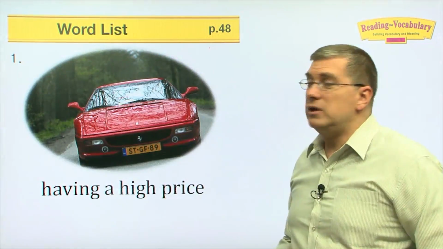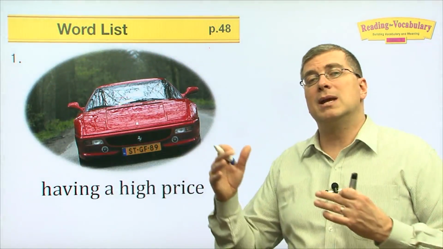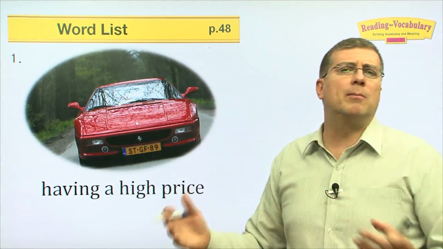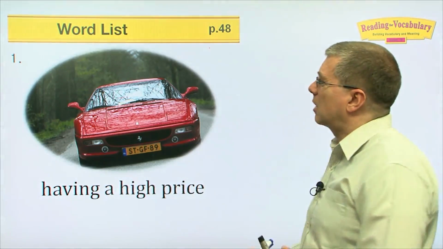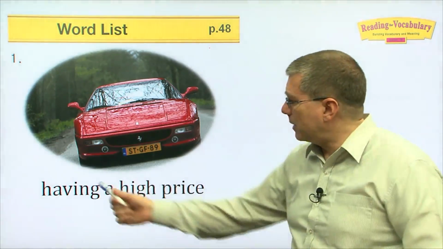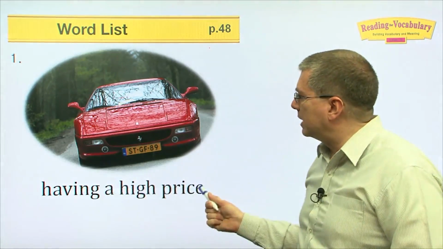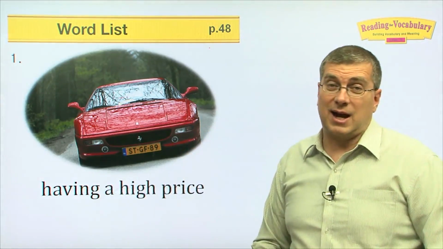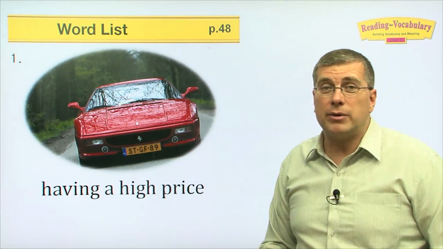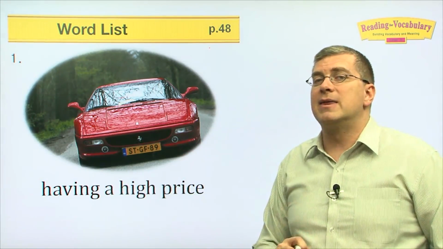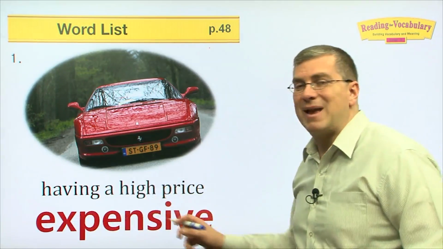Let's learn some words that we need to know when we look at the reading passage about Mount Rushmore. Who made it? What's it all about? Okay, well, let's start with the words, of course. Here we have having a high price. Look at this car. That car costs a lot of money. What can we say about the car? We can say that it is expensive.